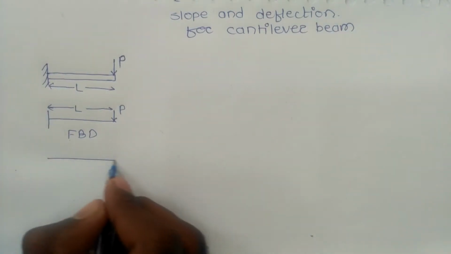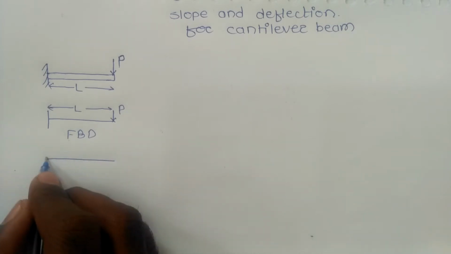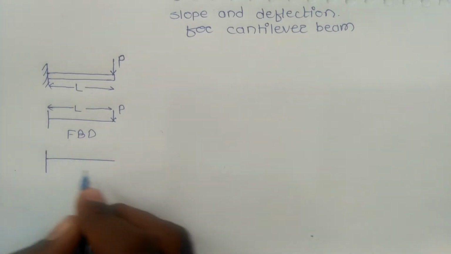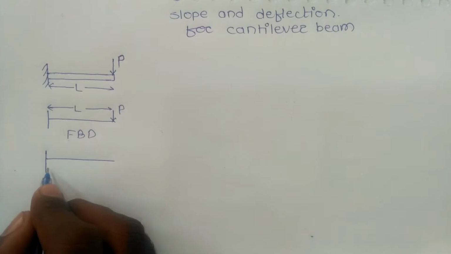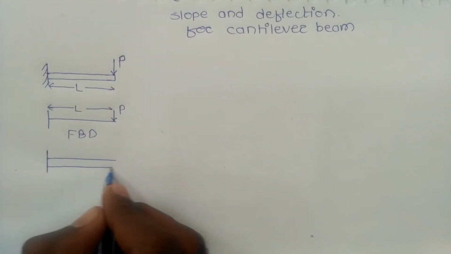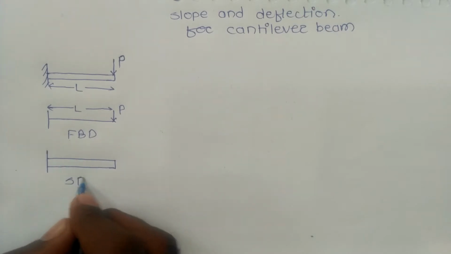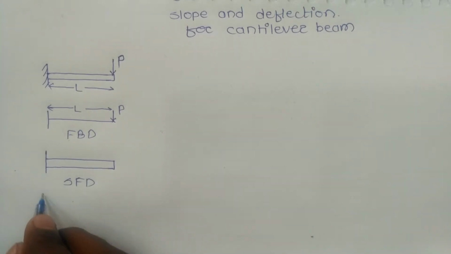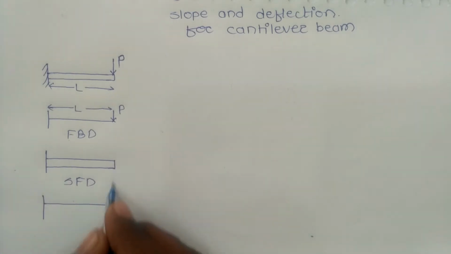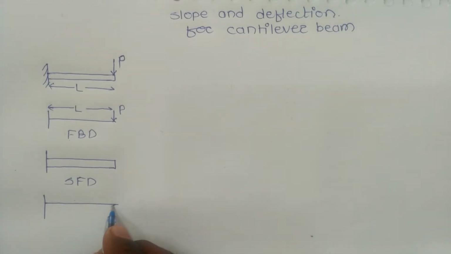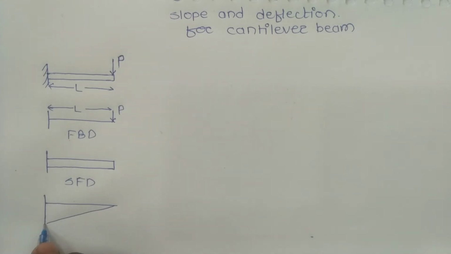Now the shear force diagram. As a point load is acting, the shear force diagram is a rectangle. This is the shear force diagram. Now draw the bending moment diagram. For the point load, the shape of the bending moment diagram is a triangle.